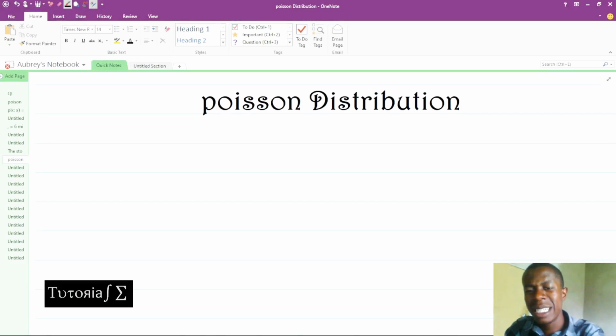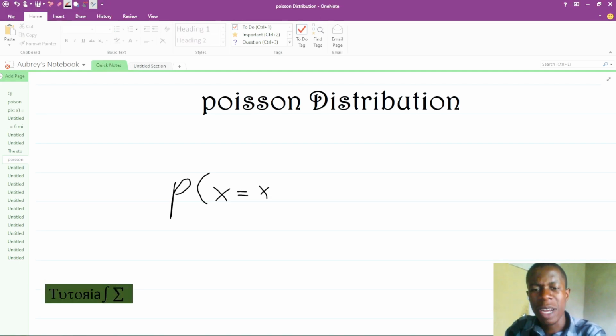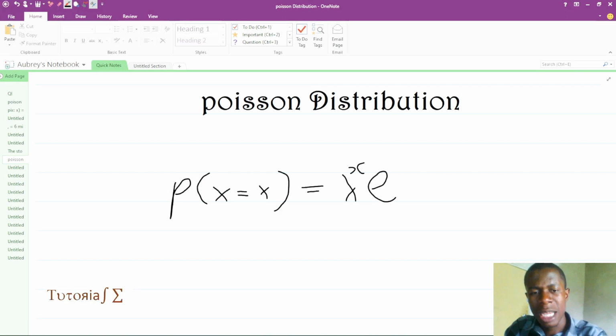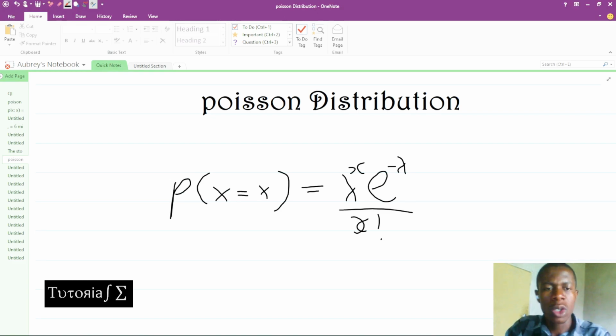The probability density function for Poisson is: P of x, the probability of the item we're talking about, is equal to lambda to the power x, times e to the power negative lambda, all over x factorial. Lambda is just the mean that we talked about.